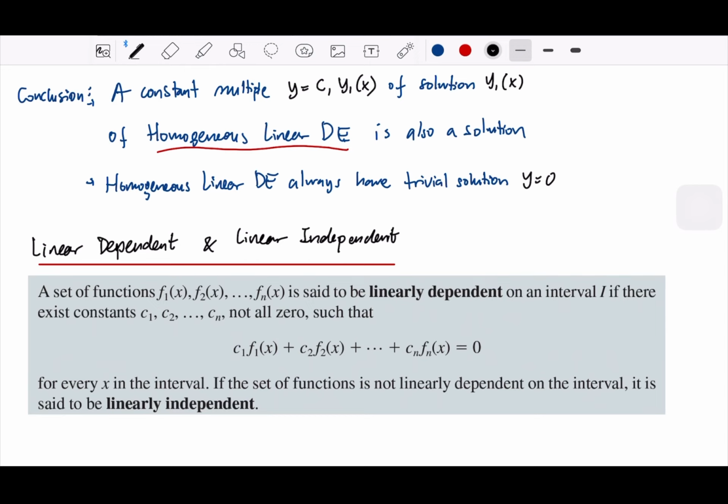So these constants can be any constants. If we are going to evaluate whether some solutions are linearly independent or linearly dependent with each other, we can take all of them and make one long equation. We add all together, and we need to find a combination that makes it 0. If it can be 0, that is linearly dependent. If not, then perhaps it's independent.